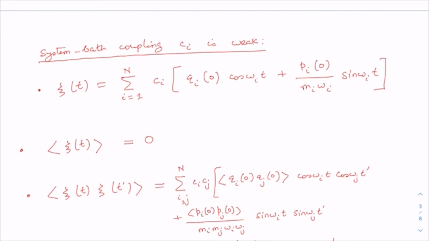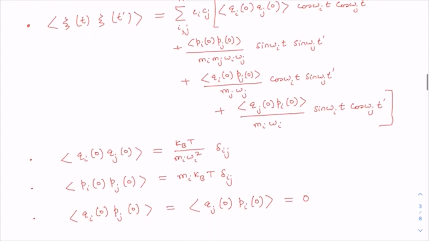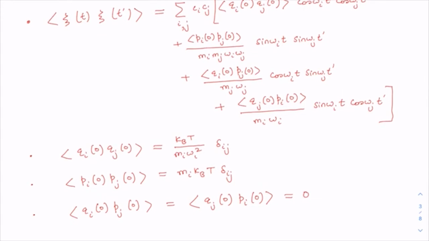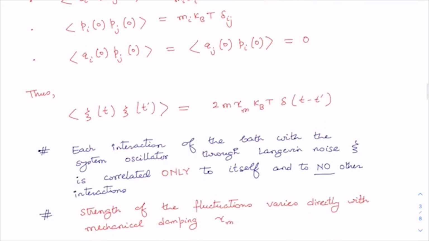Our calculation led to the fact that the average value of the Langevin noise is 0, and in the process we learned how to calculate the average value of various quantities.